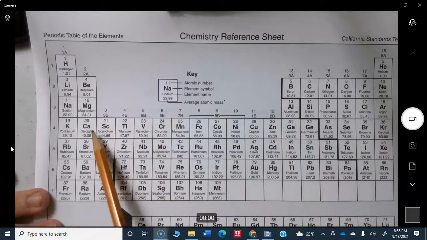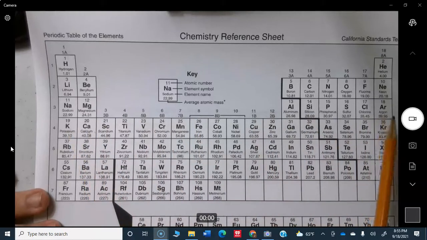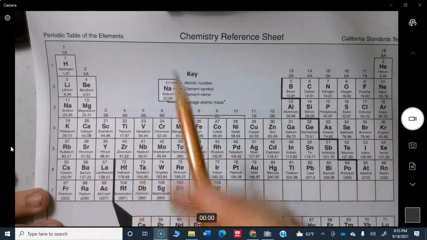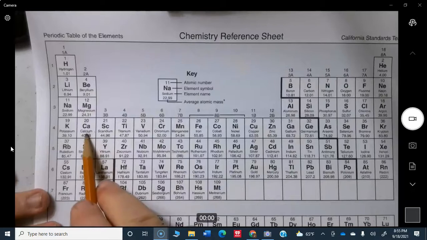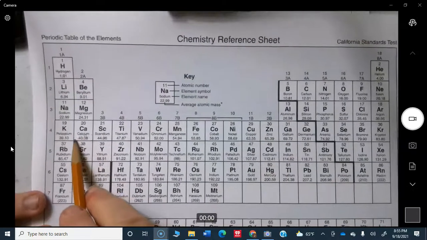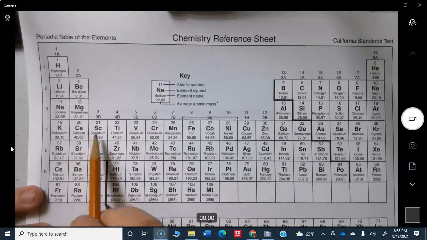So how does it do that? It loses 2 electrons. If it loses 1 electron, it has the electron configuration of potassium. If it loses 2, it has the electron configuration of argon. It has 2 electrons in its outer orbital, its 4th orbital. If it loses those 2, then it no longer has a 4th orbital. It only has a 3rd orbital, and that 3rd orbital is filled.